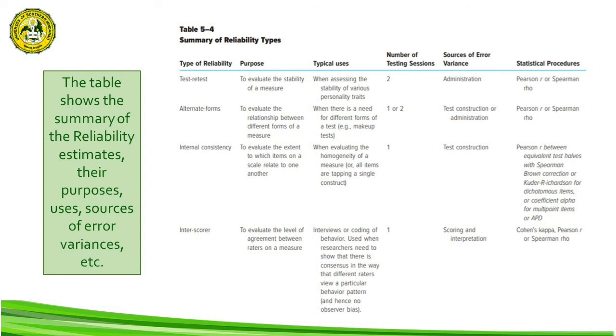So, the alternate forms reliability is one of the parang robust type of reliability estimate to use kasi nga parang hitting two birds in one stone siya kasi it can evaluate or it can test two error variances at the same time, kasi nga sabi ko 'di ba hindi lahat is kayang mag-evaluate or mag-test ng dalawang error variances.